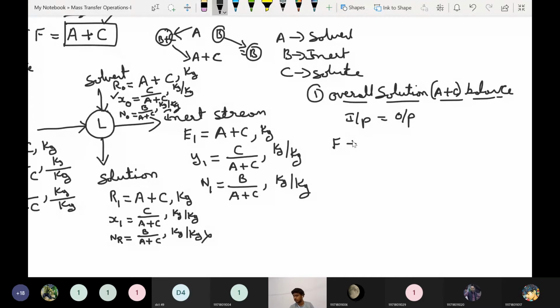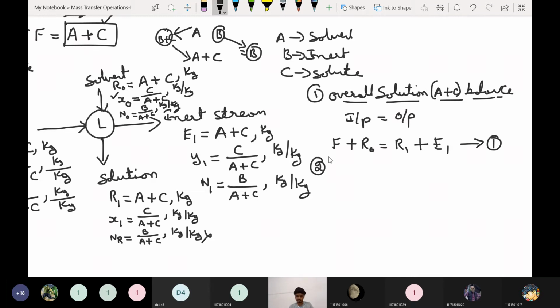So F plus the input of solvent, for solution, is R naught. F plus R naught is equal to the output streams, this one and this one. The solution is R1, which is A plus C, plus one more stream, E1, which is also an indication for solution. So F plus R naught is equal to R1 plus E1. This is the overall solution balance.